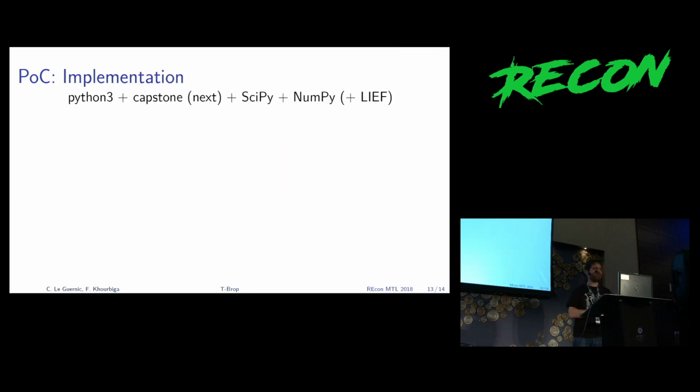So we did a proof of concept implementation of our approach in Python 3 using capstone, CuPy, numpy, and LIEF just to extract the text section of binaries. CuPy and numpy were used for Boolean matrices, actually sparse Boolean matrices manipulation. And we used capstone for disassembly, and also the next branch of capstone allows you to get all the registers that were read or written by an instruction.